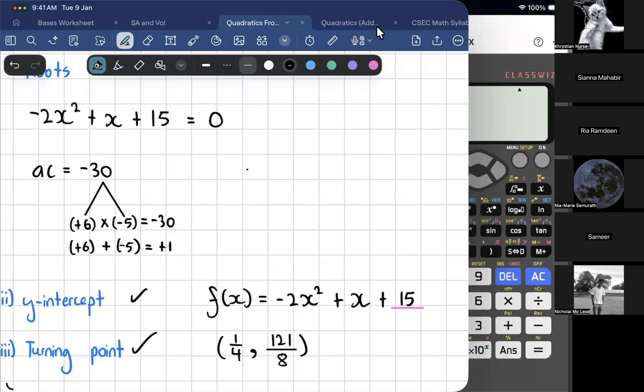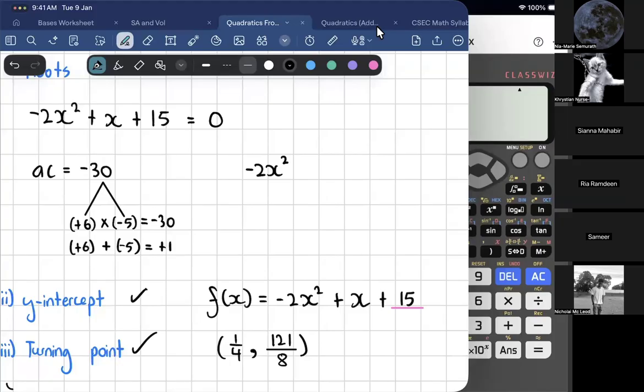Into two groups. You tell me what to write. It would be minus 2x squared plus 6x minus 5x plus 15 is equal to 0.